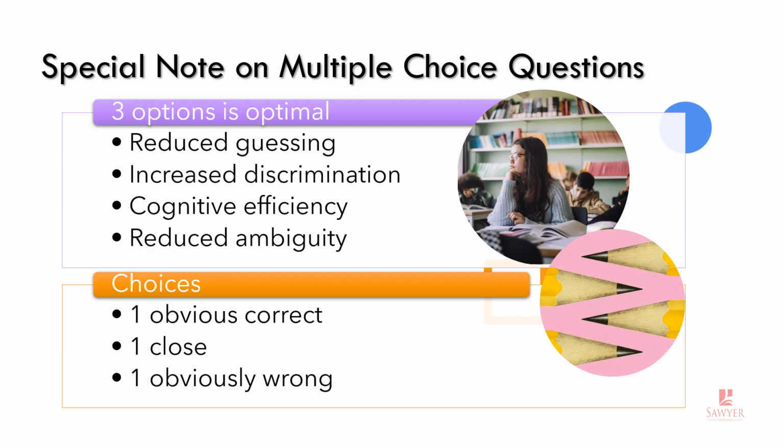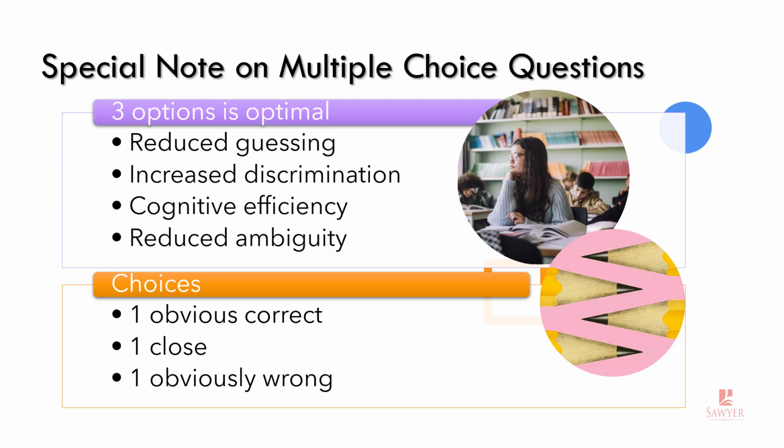At this point, I really have to look at these 2 choices and try to decide which one is the actual answer. So when I'm talking about increasing my discrimination, I have to discriminate between these 2 and figure out why this one is better than the other one. Why is this one correct and this one is not correct?